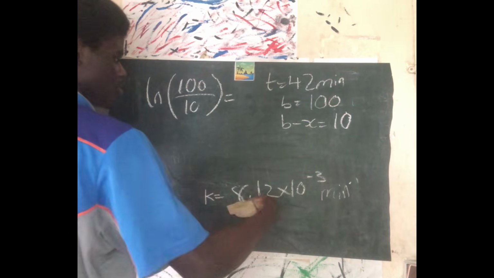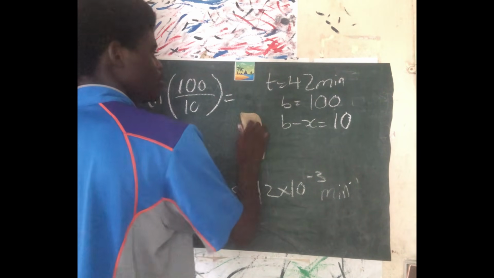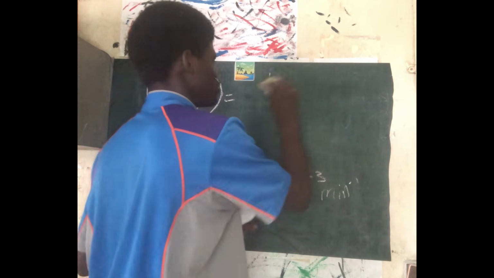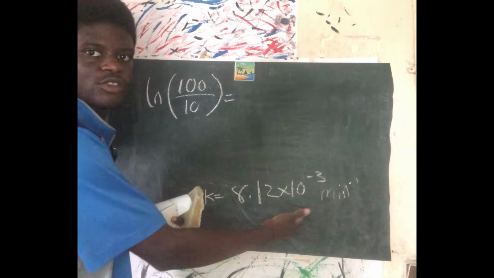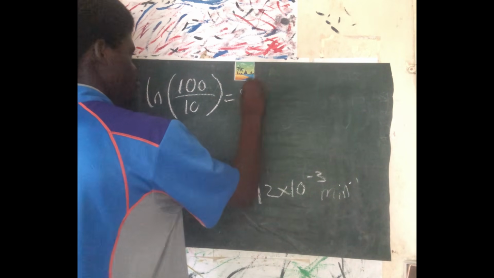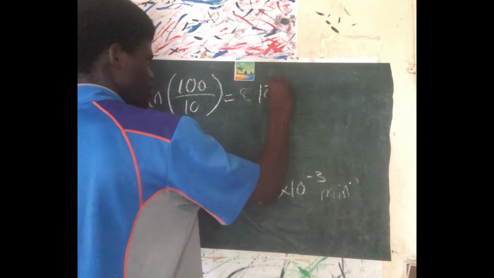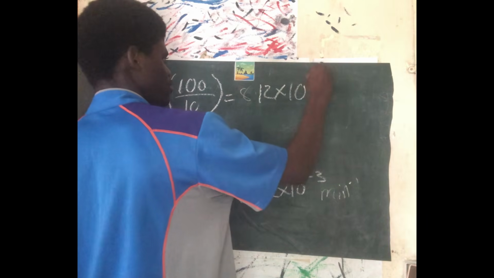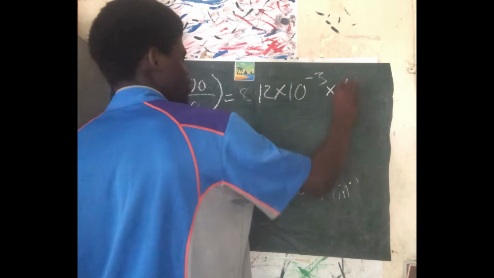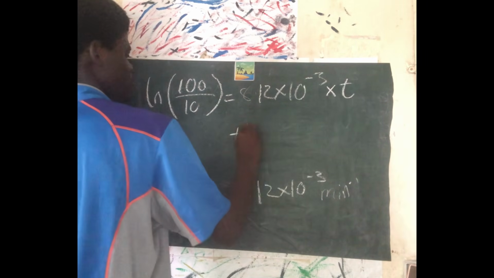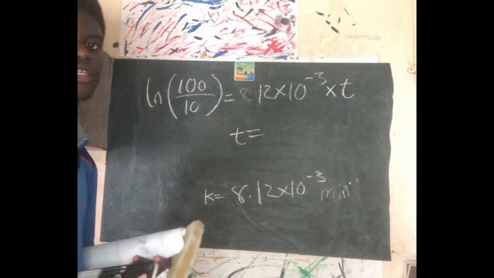So we got our k to be this. Let me clean this up since we use this. We've gotten our k to be 8.12 times 10 raised to power minus 3 times time. Let's solve for time directly.